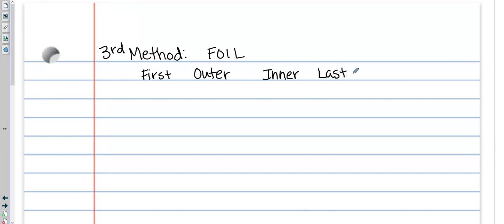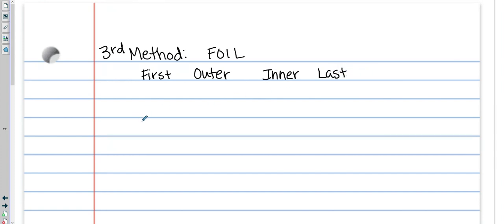Okay, so here's the third method. And this is FOIL. FOIL actually stands for, the F stands for first, the O stands for outer, I stands for inner, and the L stands for last.